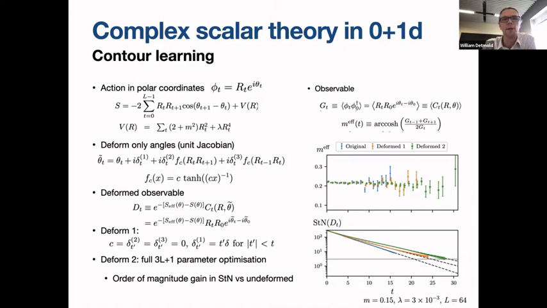And so I'm going to write that theory in terms of a field phi that depends only on the coordinate t, and I'll write that as a magnitude and a phase. So doing that, I can write my action in terms of these magnitude and phase variables in the following form. And this theory involves two parameters, a mass and a quartic coupling lambda.